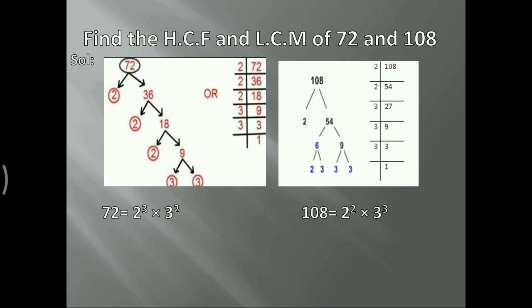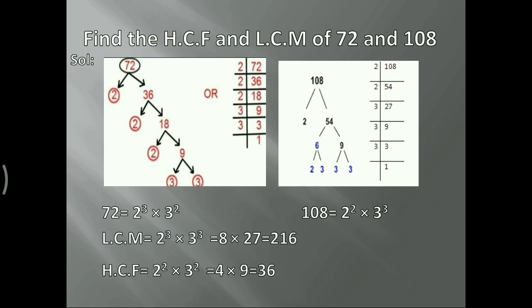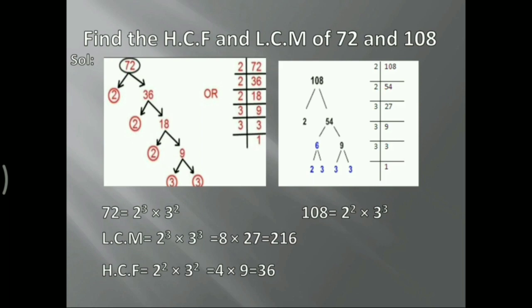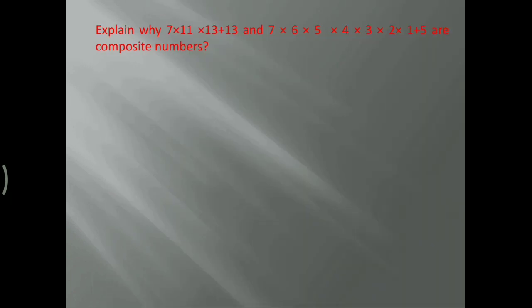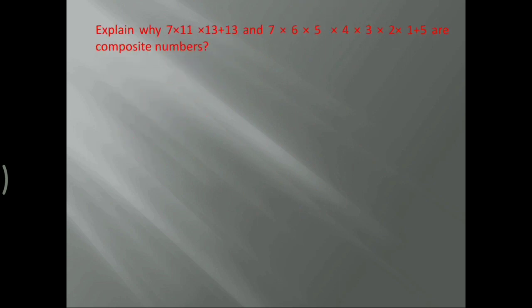Now the LCM of 72 and 108 is 2 cubed into 3 cubed, that is equal to 216. HCF is equal to 2 square into 3 square, is equal to 4 into 9, is equal to 36. These are examples useful for board examination.